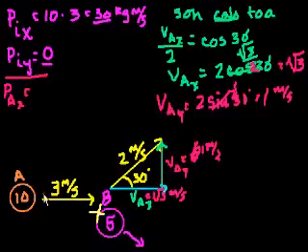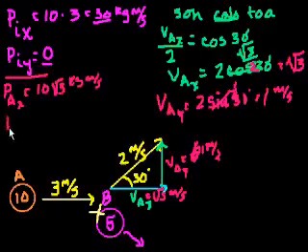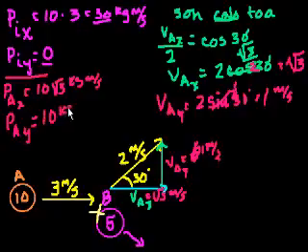Square root of 3 is the velocity, 10 is the mass. So it's 10 square roots of 3 kilogram meters per second. And the momentum of A in the y direction, since it's going up, we'll say it's positive. It's 1 meter per second is the velocity times the mass. So 10 times 1 is 10 kilogram meters per second.